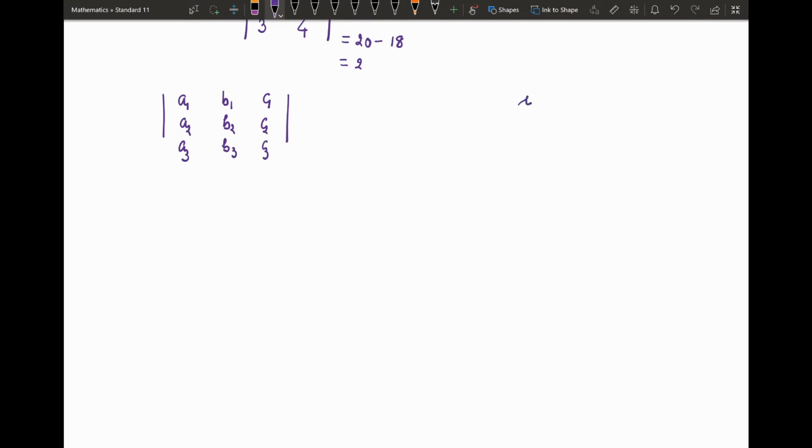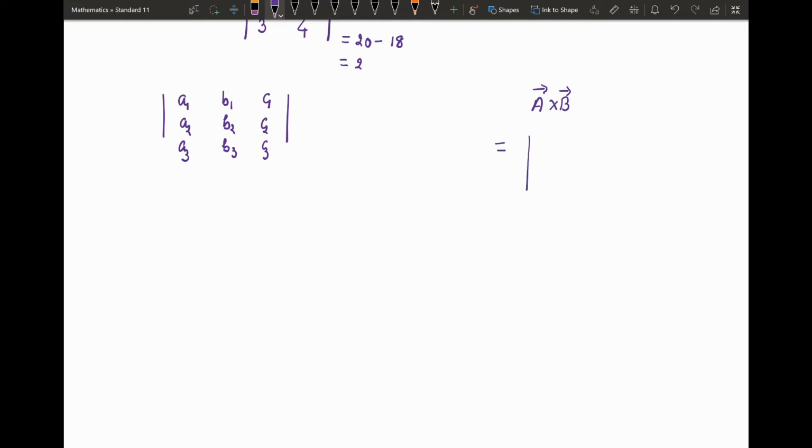You have used this in physics to evaluate the vector A bar cross B bar. In physics, you have already used this property, the expansion of 3 by 3 determinants, to evaluate A bar cross B bar.